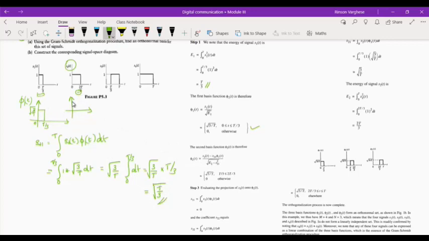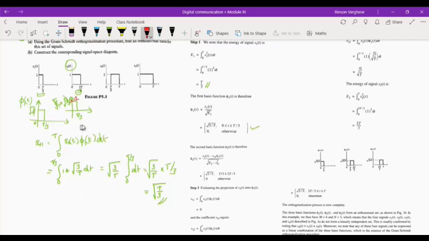So you have a function up to T by 3, and it has the value root T by 3 into root 3 by T. Both of them cancel together, so you will have 1 here.